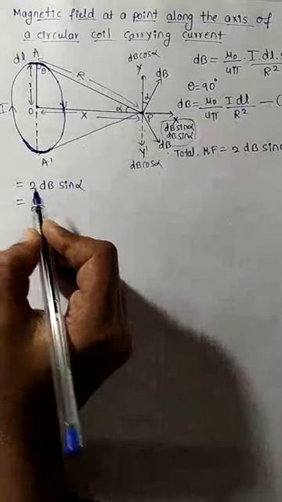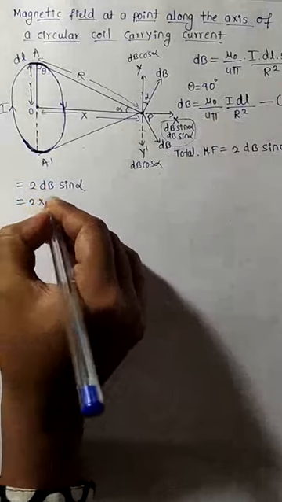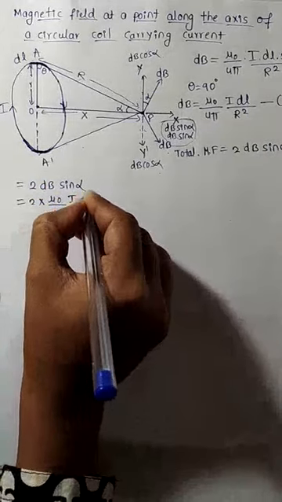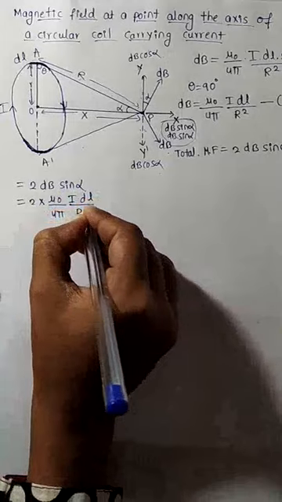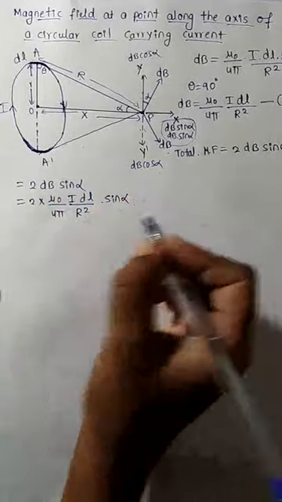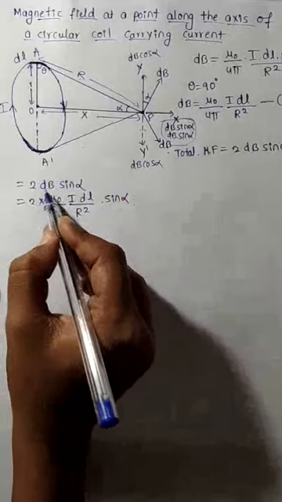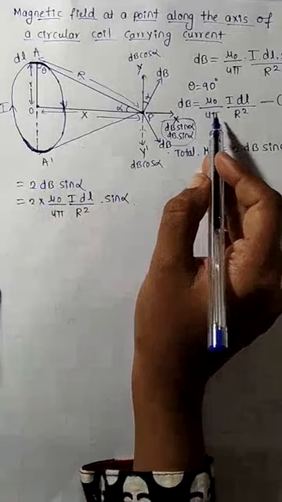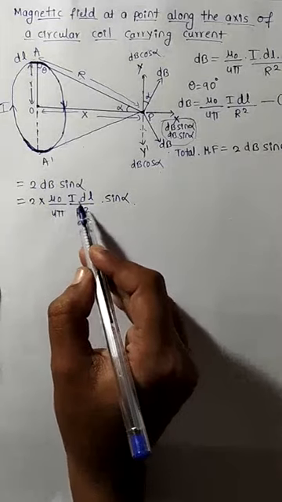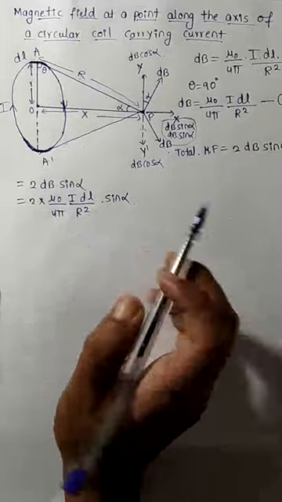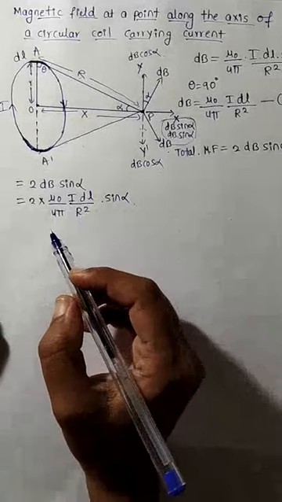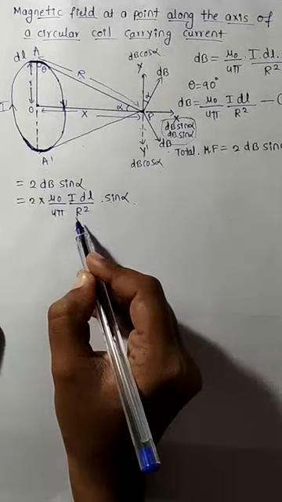So substituting here, what will we get? 2 into mu naught upon 4 pi I dl divided by r square, into sin alpha will be as it is, so into sin alpha. I just substituted the value of dB from equation number 1. So I got this equation, that is 2 into mu naught by 4 pi I dl divided by r square into sin alpha.